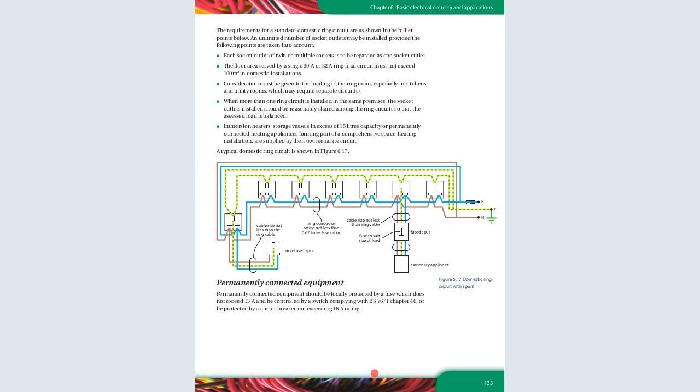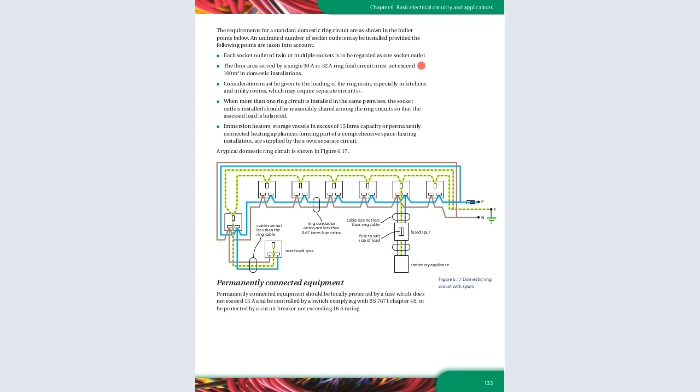The requirements for the standard domestic ring circuit are as shown in the bullet points below. An unlimited number of socket outlets may be installed provided the following points are taken into account. Each socket outlet that is a twin or multiple socket is to be regarded as one socket outlet.